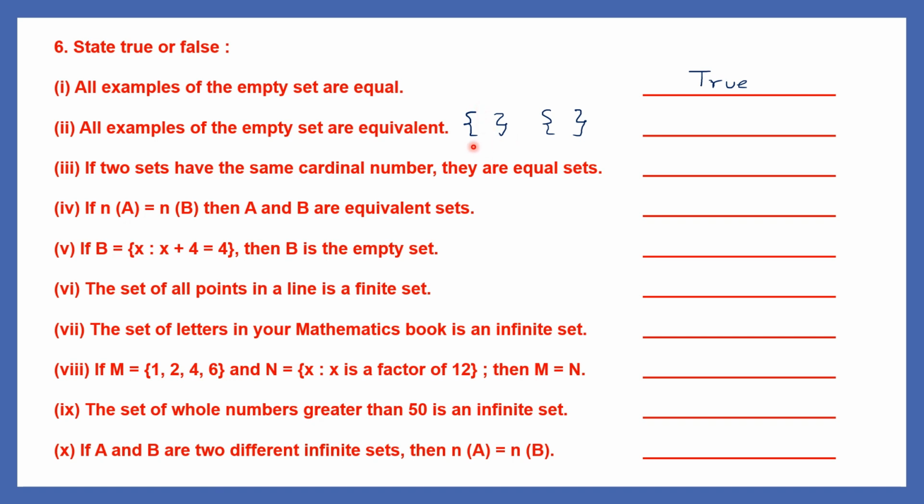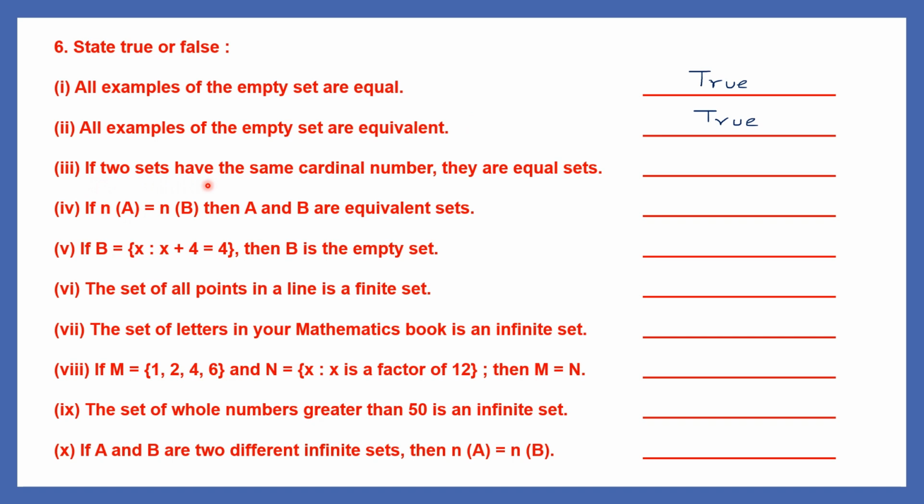There are no elements inside. Isn't it? There's nothing inside. So the cardinal number of this set is 0. The other set also, there's nothing inside, so the cardinal number is 0. That means there are no elements. So these two sets both are 0 and 0. That means they are equivalent sets. That means this statement is also true.